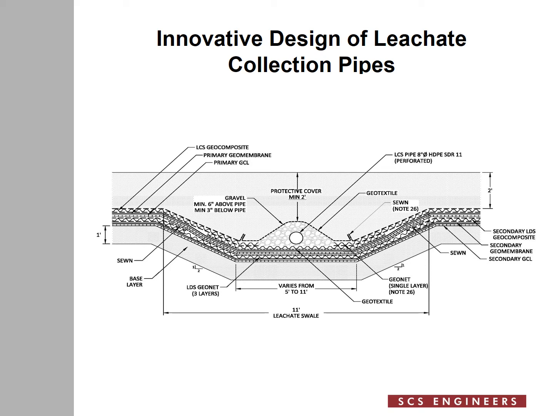But before I get to that textile, I would like to bring your attention a little bit further down in that detail to the primary geomembrane, which is a solid dark line below the pipe. Directly above the geomembrane, there is a dashed line which represents a geotextile cushion, and then above the textile there is a geonet.